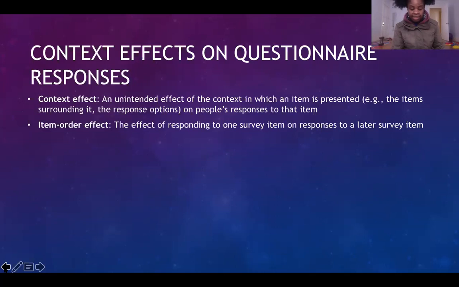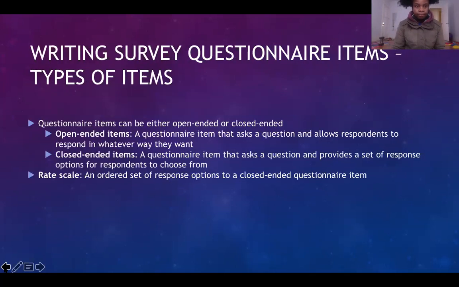Complexity in context effects can lead to unintended influences on respondents' answers. These effects are not related to the content of the item, but to the context in which the item appears. So that is context effect. Item order effect is when the order in which the items are presented affects people's responses. Okay.